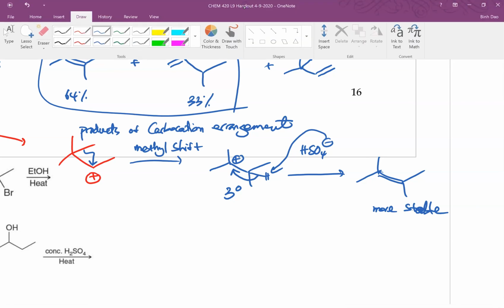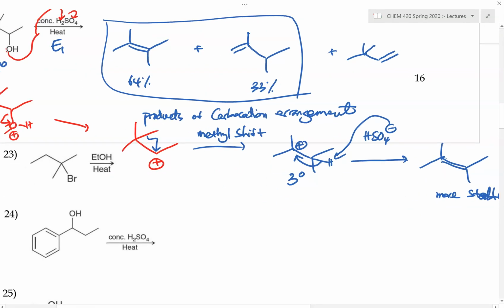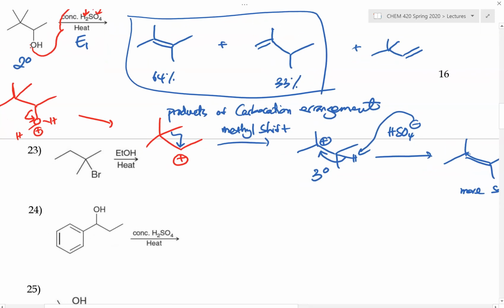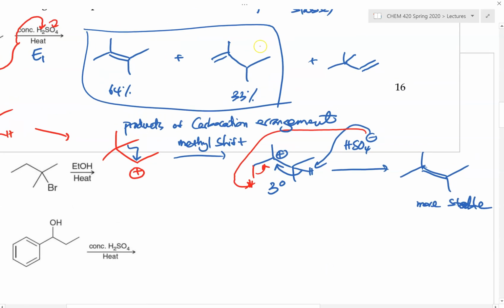We can also form the other products. So in this case, we can also form the other product where the base comes in and abstracts one of the hydrogens in here, donating the electrons in, and that's how we are producing the product above here, the terminal alkene.